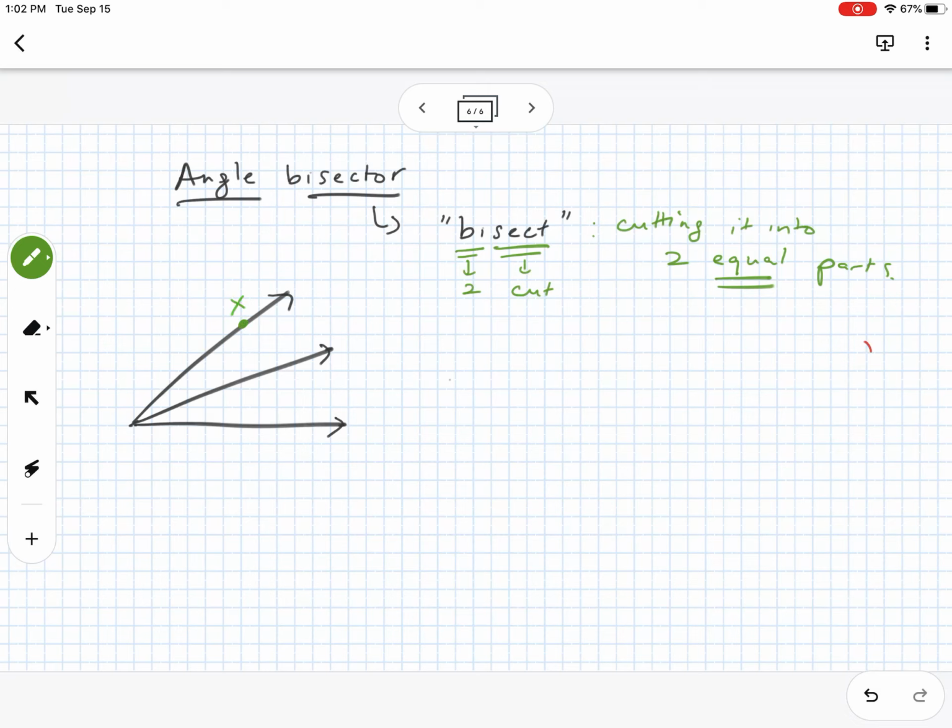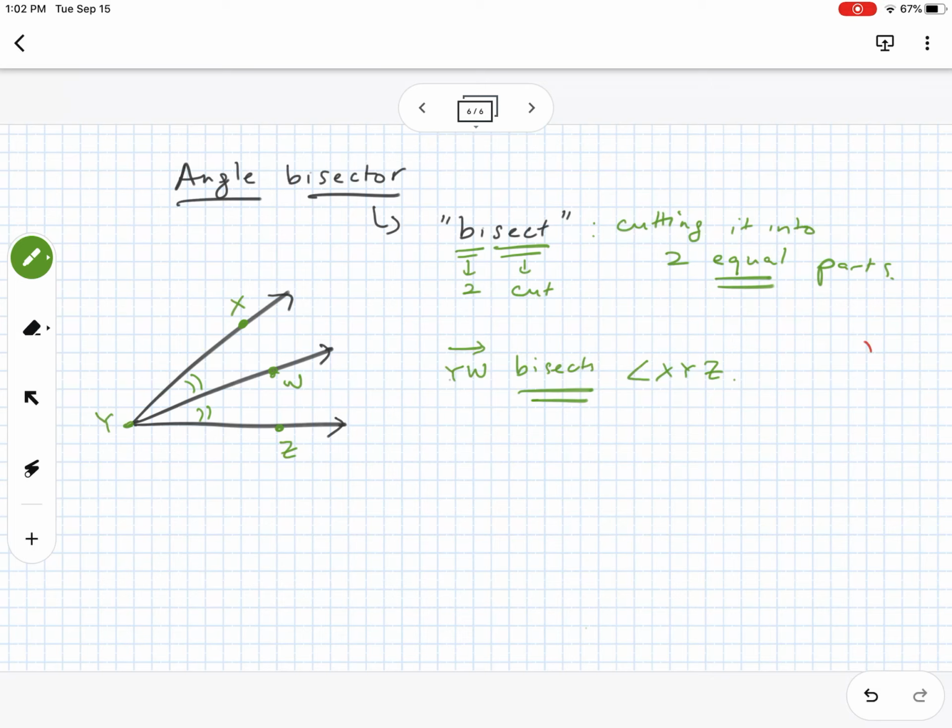So let me just label these points. So let's call this guy X, Y, W, Z. Okay, and then if we say ray YW bisects angle XYZ, then what that tells us is that it cuts this into two equal parts.